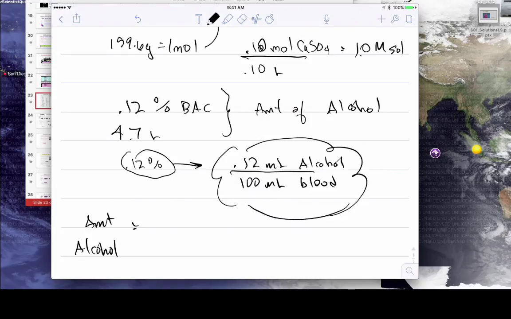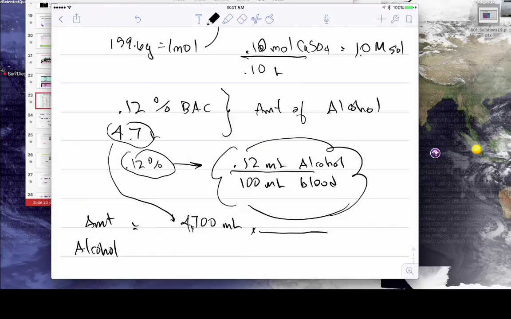in this drunk person. The way we do that is something called dimensional analysis. You see this 4.7 liters? Well, that's 4,700 milliliters.